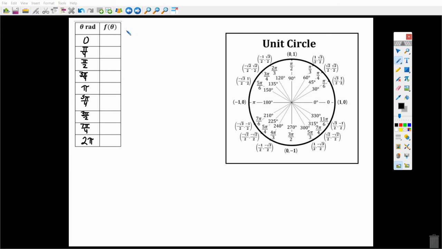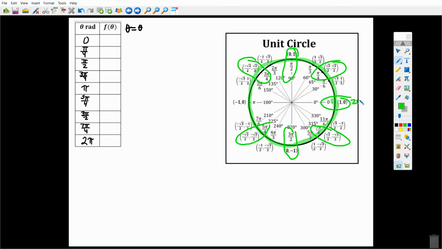So again, like before, if theta equals 0, we're looking at everything right now. We're going from literally 0 all the way around the circle back to 2 pi. But we're looking specifically at pi over 4, 3 pi over 4, 5 pi over 4, 7 pi over 4, 3 pi over 2, I forgot that, and then pi over 2, and then back over here to 2 pi.